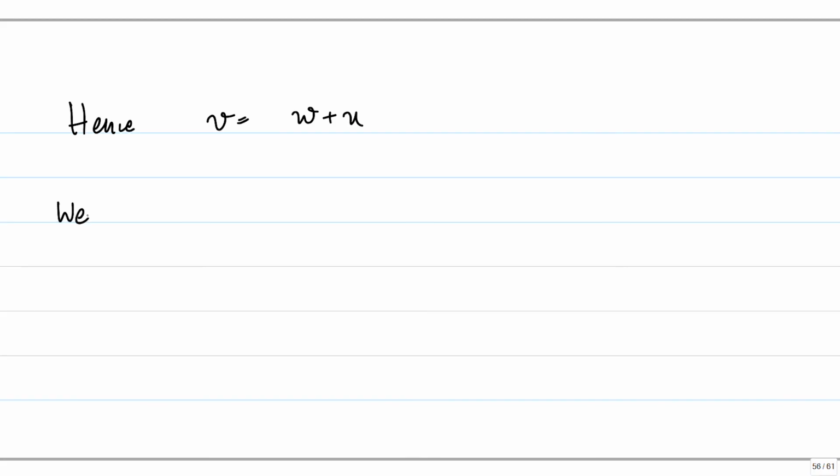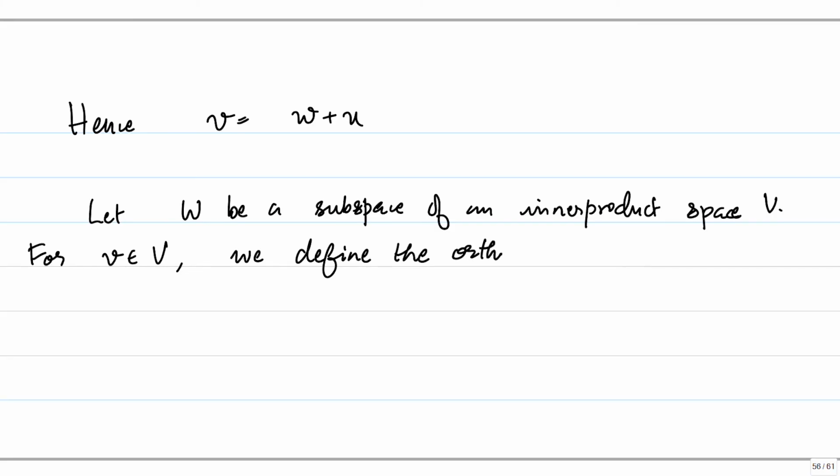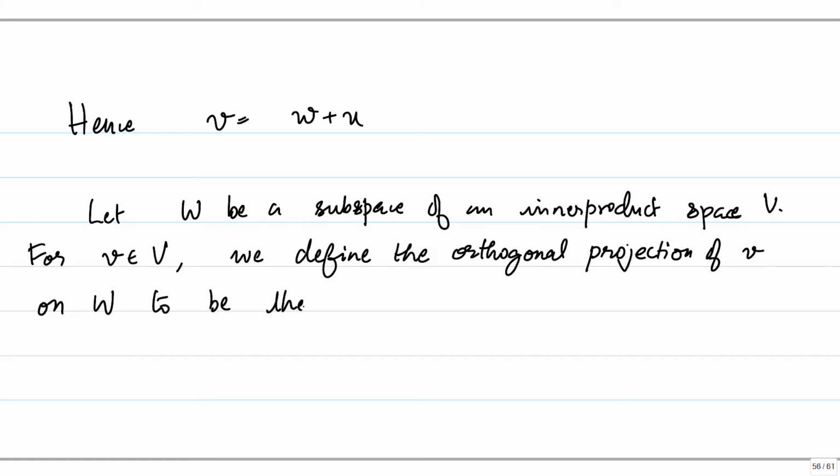So definition, so let W be a subspace of an inner product space V. For a vector v in capital V, we define the orthogonal projection of small v onto W to be the vector small w above.